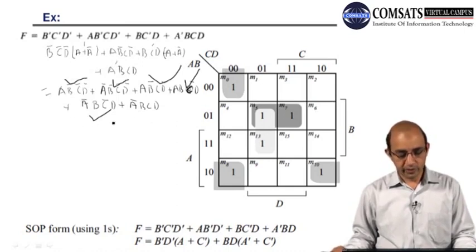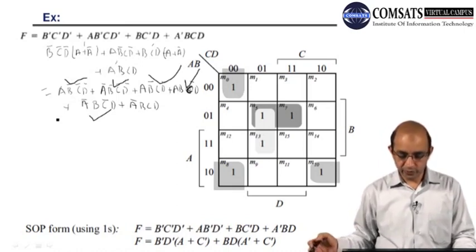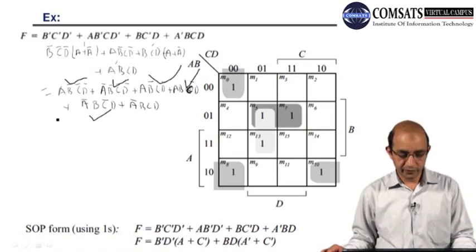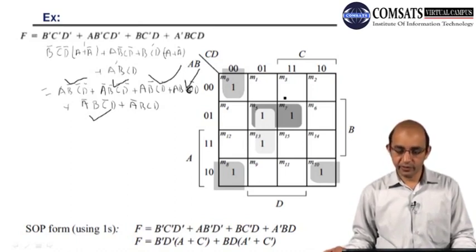There is another method, but it's up to you whether you want to follow a very lengthy process, or if you have enough experience or practice, you can straight away map this. Then after that you will be looking for groupings.